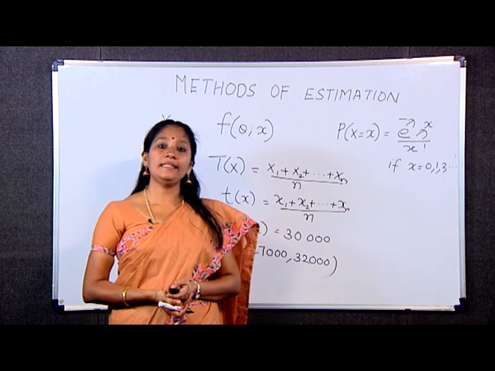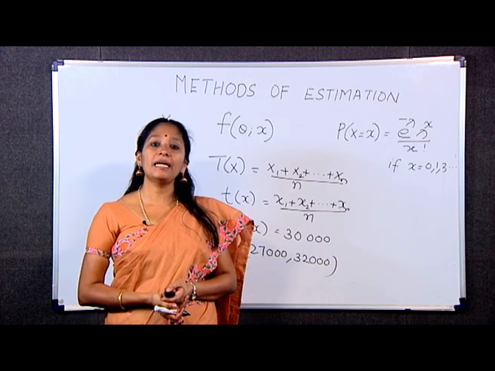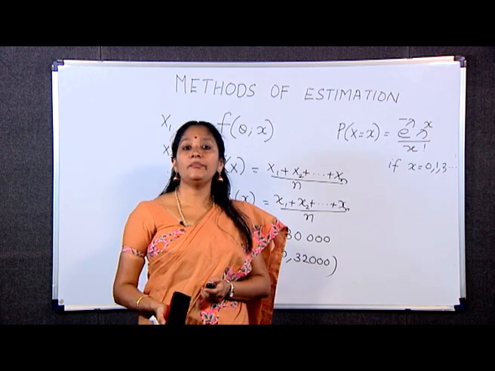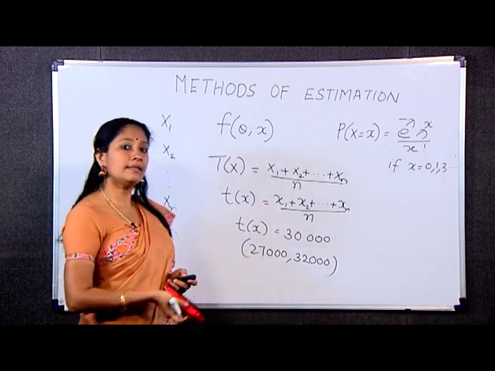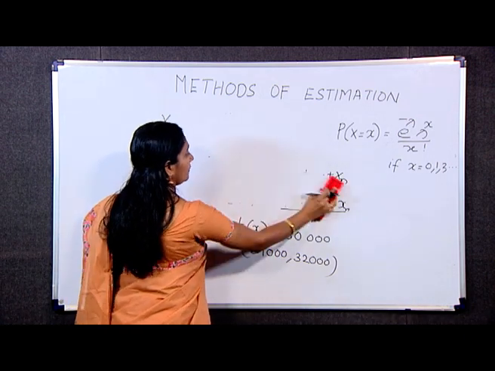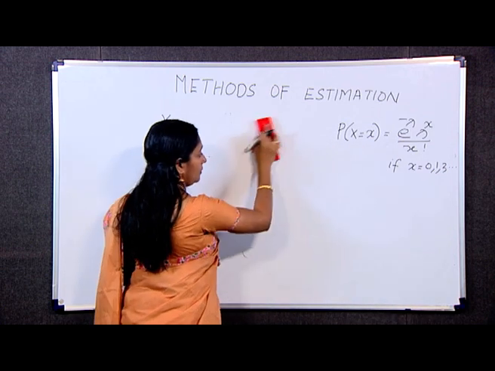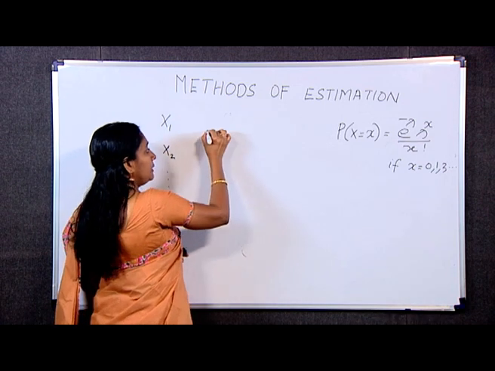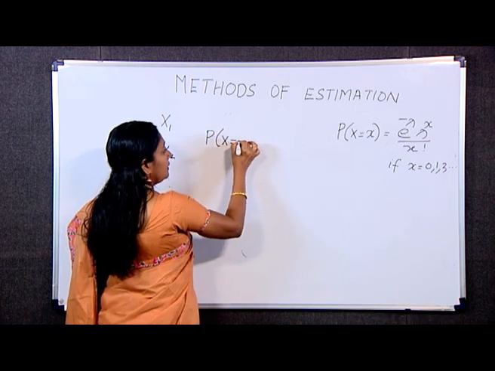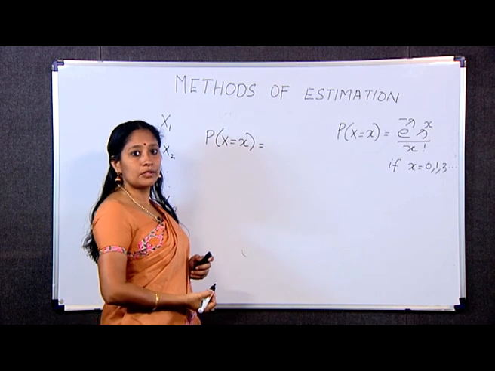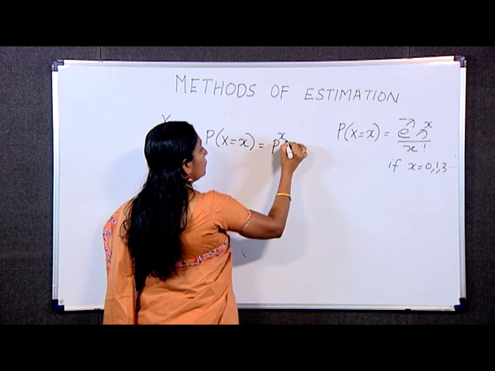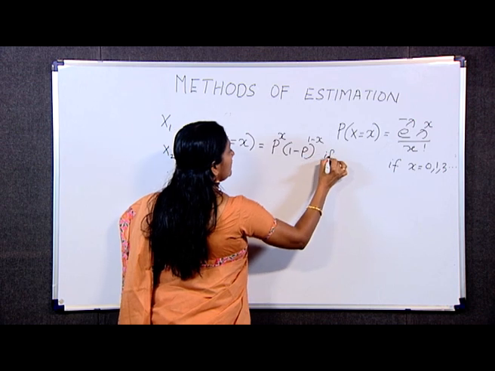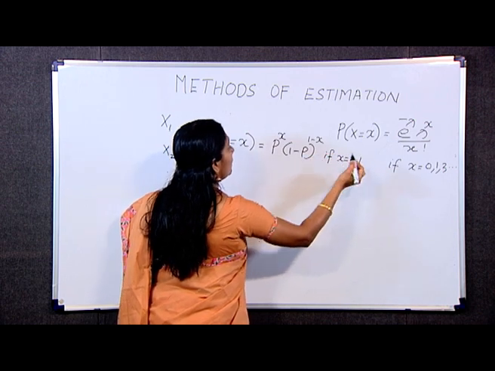Next, let us look at the estimation of the parameter of the Bernoulli distribution with parameter p. The mean of the Bernoulli distribution is p and variance is pq. So, for the Bernoulli distribution, the probability mass function is probability of X is equal to small x is equal to p raised to x into 1 minus p raised to 1 minus x if x is equal to 0, 1.